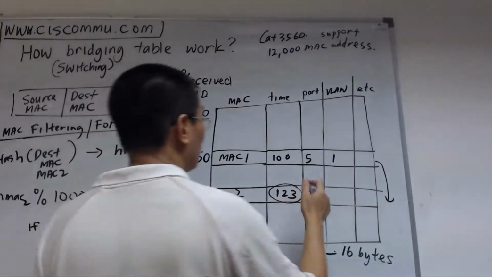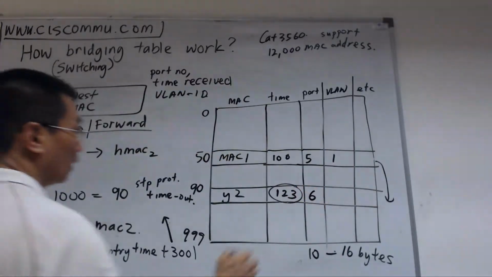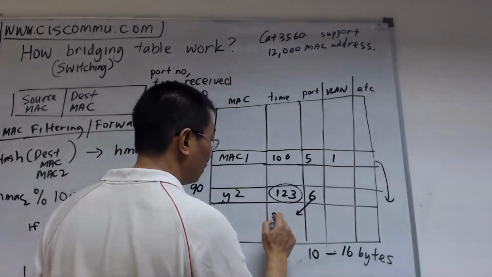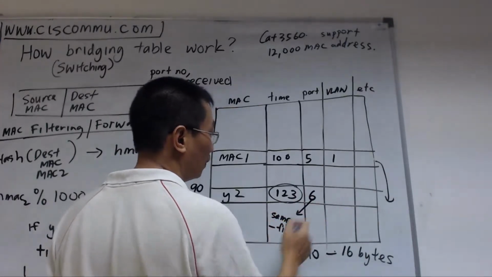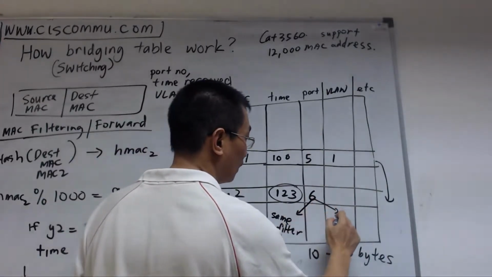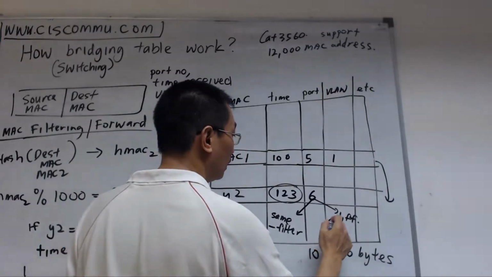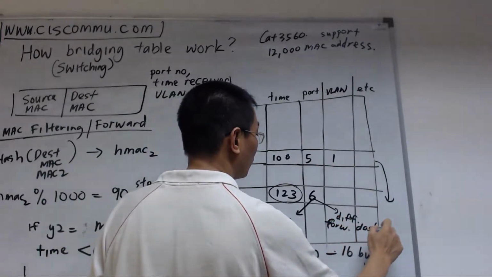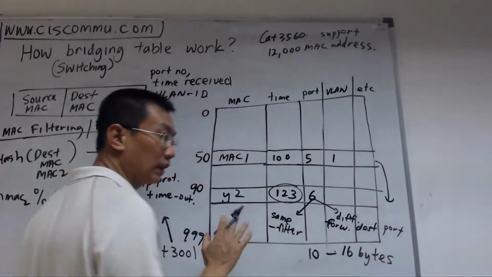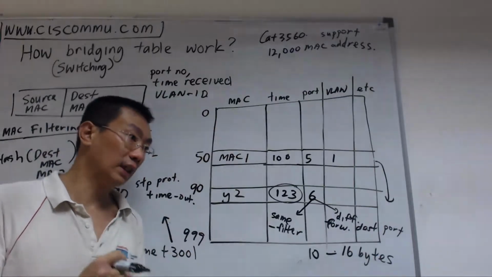If the time is valid, then you look at the port number. If the port number is the same, then you filter the packet. If it's different, then you forward it to the destination port. We are not discussing the VLAN now, because it would complicate the whole method.